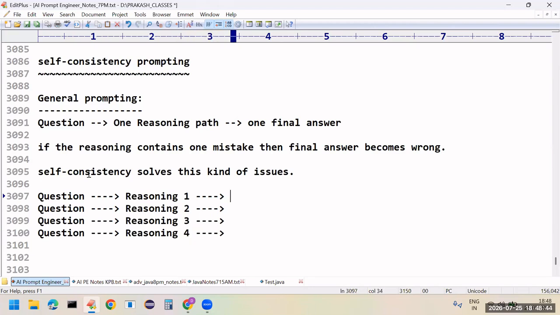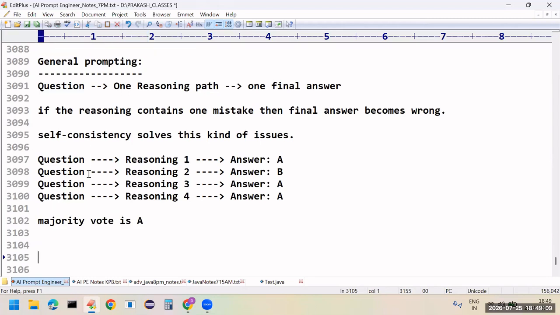Assume the first path gives answer A, the second gives answer B, the third gives answer A, and the fourth gives answer A. Now the majority vote is A, and that is the solution.